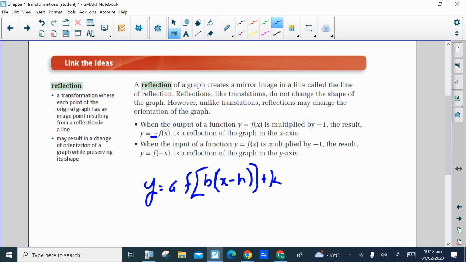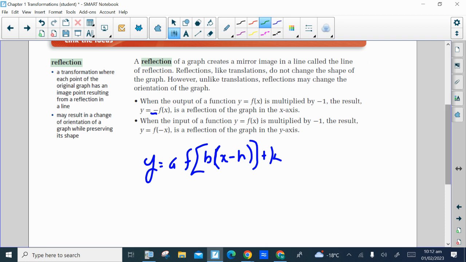So it says the output. Now the output can either be in front of the y, because it's what you get when you sub values in for x. It's the answer you get. So it's normally the y values, the output. So if we make the y negative, it'll be negative y equals f at x. But then when you divide both sides by -1, you'll get the negative in front of the f, which is what is up here.